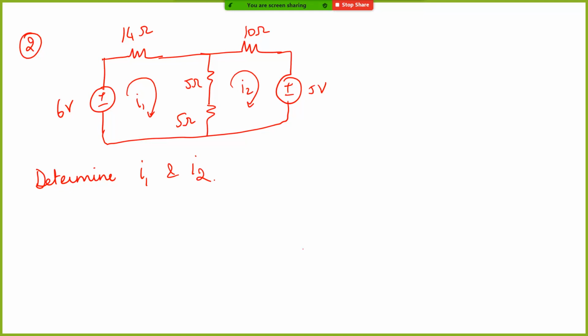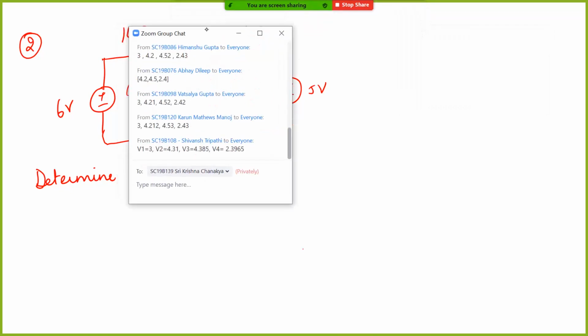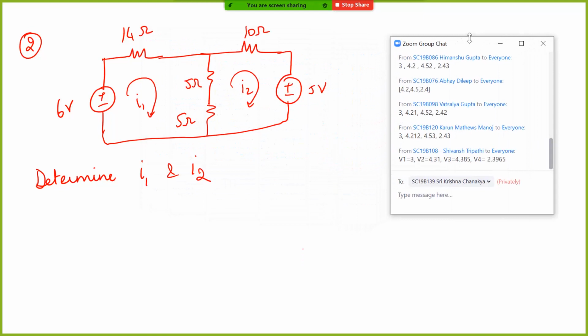So it's a simple mesh analysis problem. The first one I've deliberately made easier so that you can warm up to these concepts. It must be a pretty long time since you guys did this.